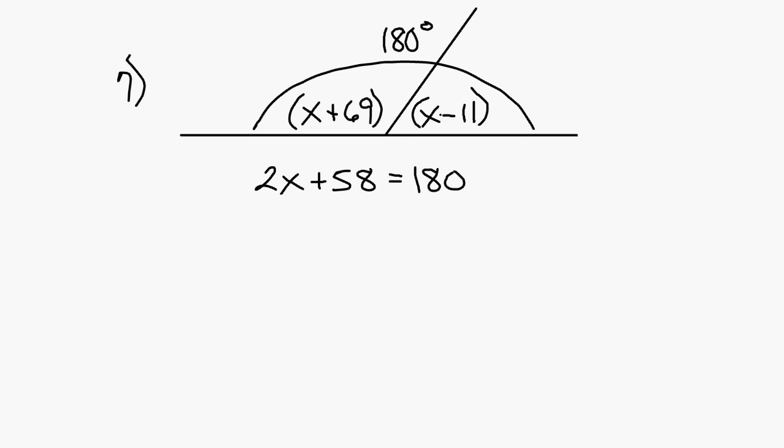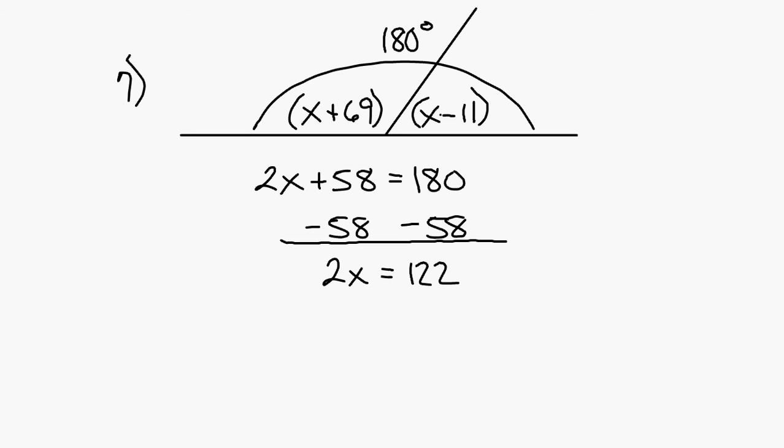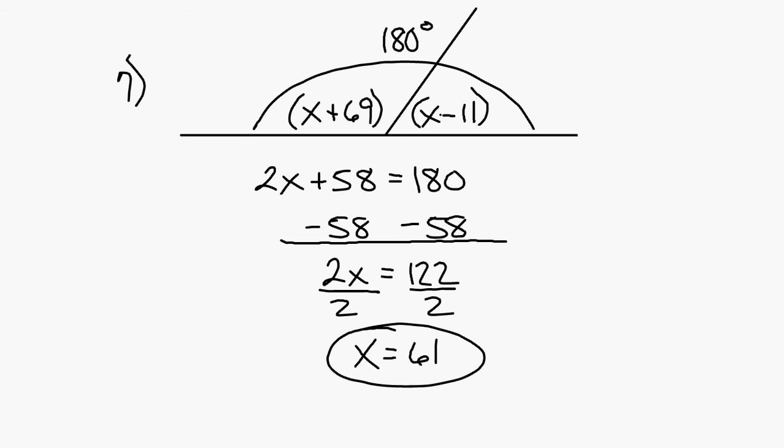Okay, so subtract 58 from each side. So 2x will equal 122. 122 divided by 2, x equals 61. So x is equal to 61. So you're not done, you got to substitute.